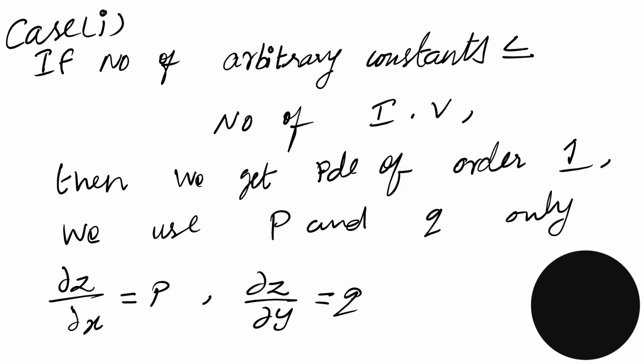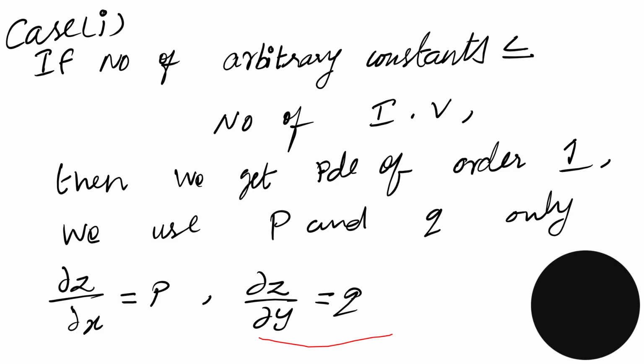Therefore, we use p and q only. We define the derivatives as some letters; these are called notations. Dou z by dou x equal to p, dou z by dou y equal to q, and then also r, s, t, since double derivatives we also have to use.